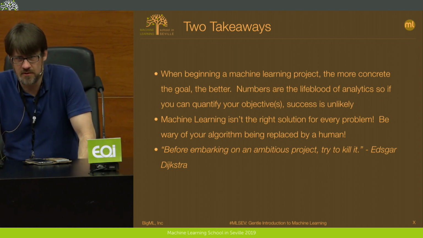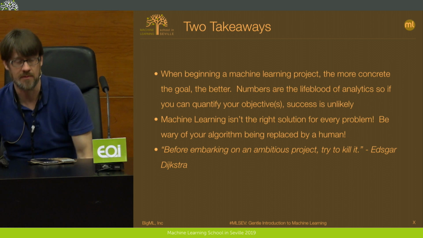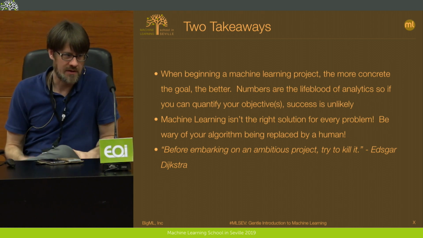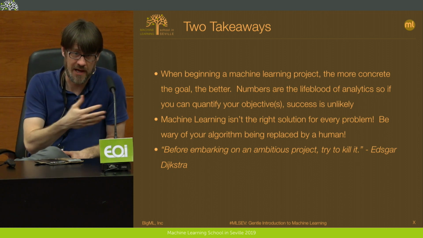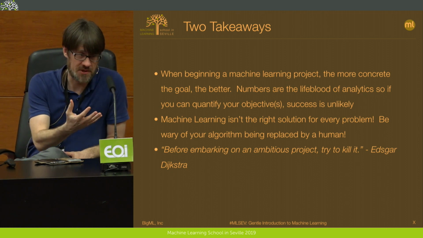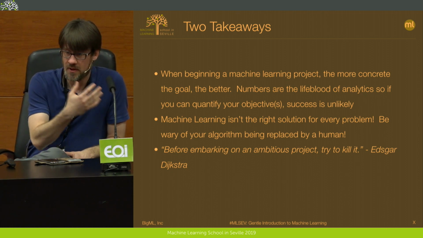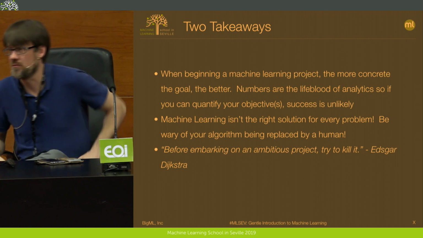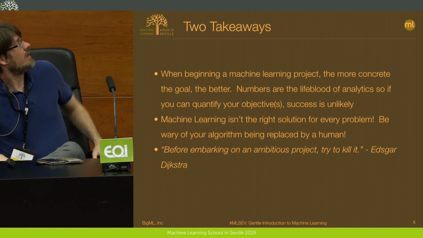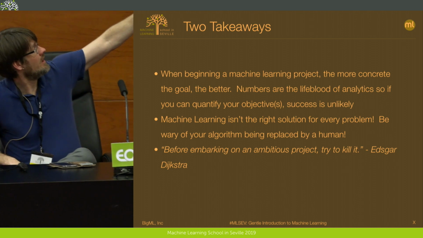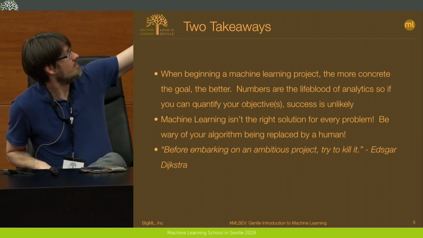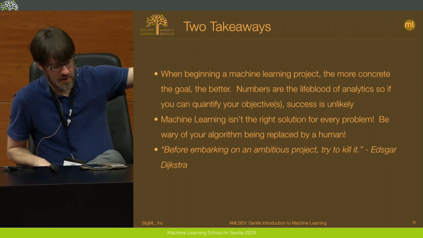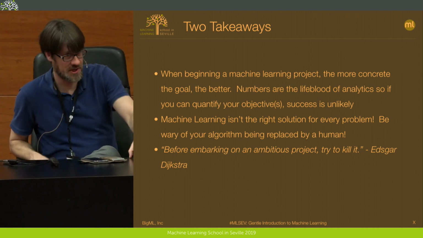And then also, machine learning just isn't the right answer for a lot of problems. And so this is, again, a way to increase your odds of success when you go to deploy machine learning, if you can distinguish the situations in which machine learning is the right tool from the situations in which it is not. And a good general piece of advice here is that Dijkstra, the great computer scientist, said, before embarking on an ambitious project, try to kill it.